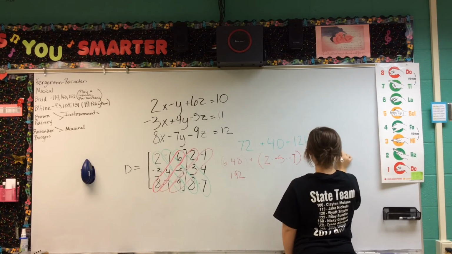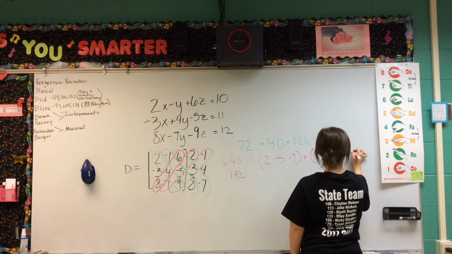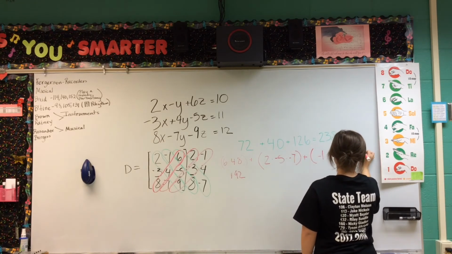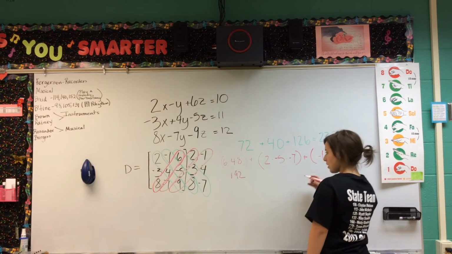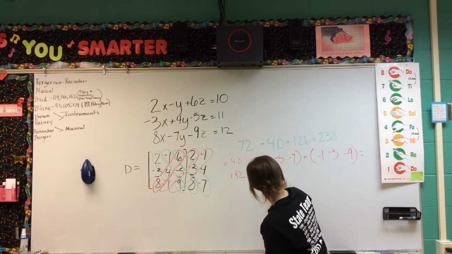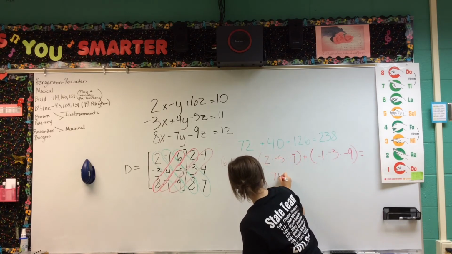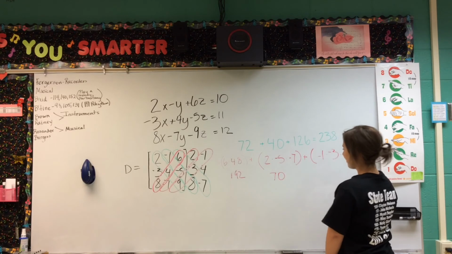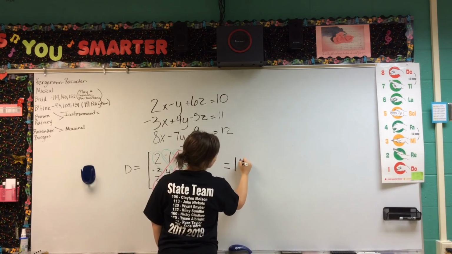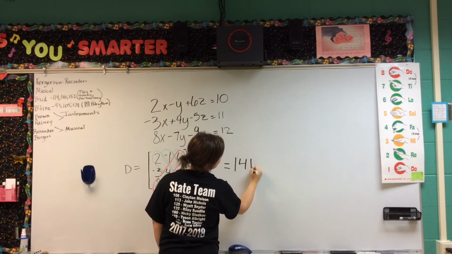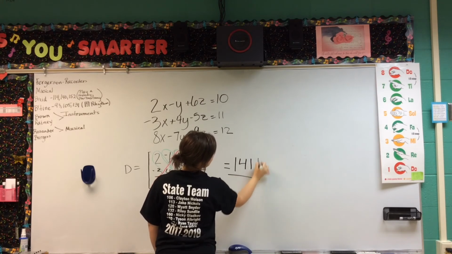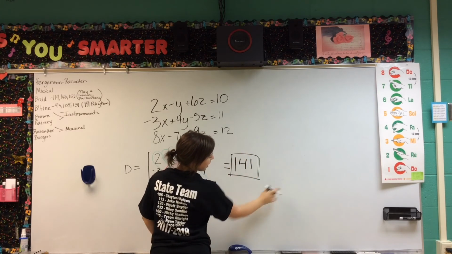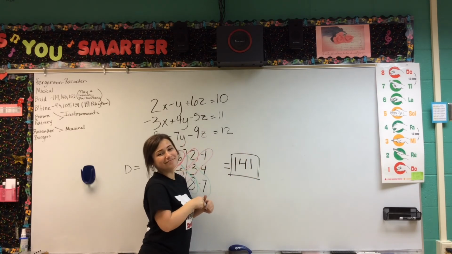We're going to go 8 times 4 times 6, which is 192, and then plus negative 7. So we took the liberty of doing all the math for you guys. You're welcome. And so our determinant is equal to 141.